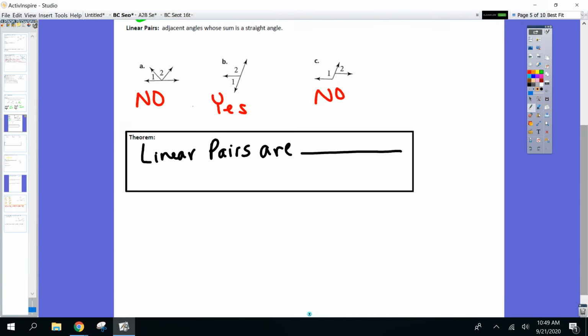Again, don't tell me they're adjacent. That's part of the definition. But if I see a picture and I see linear pairs, I know those two are supplementary. Don't tell me adds to 180 anymore. We have a vocabulary term for that. Supplementary. So if they're linear pairs, they're supplementary. Take a breath.